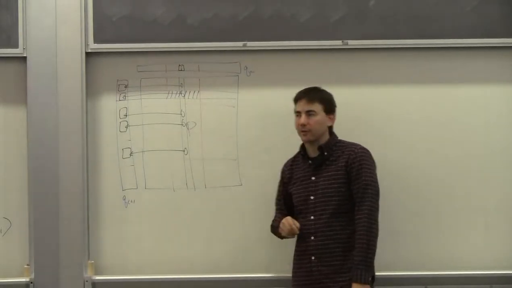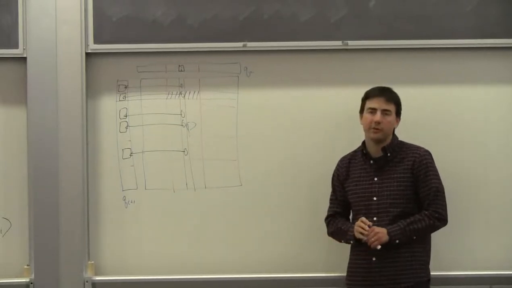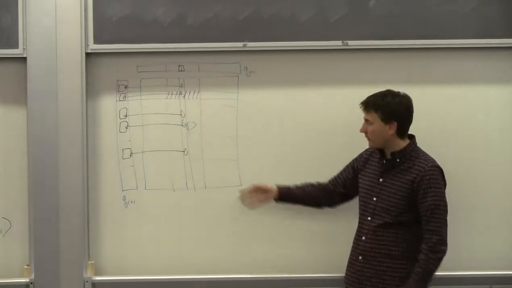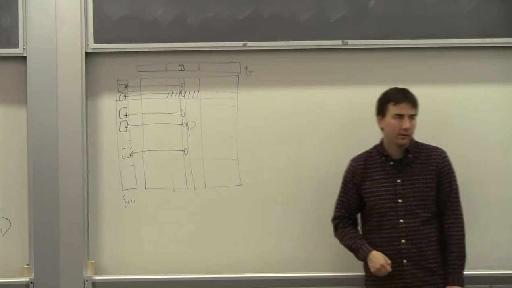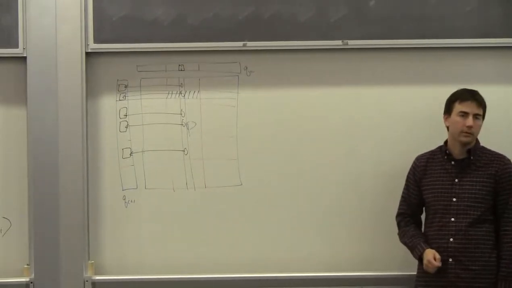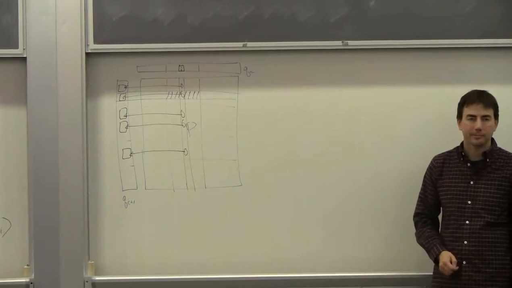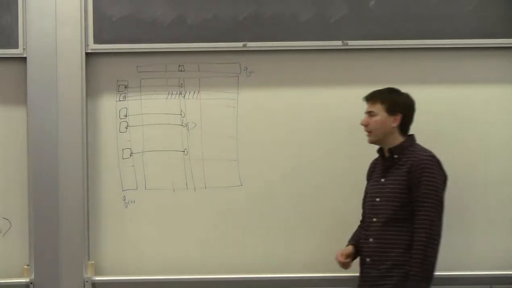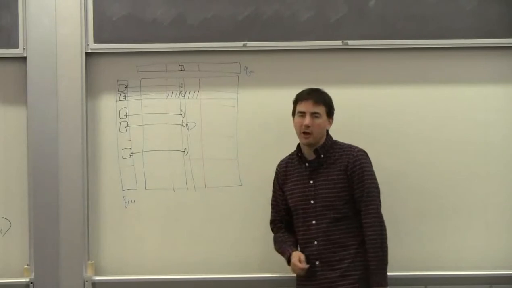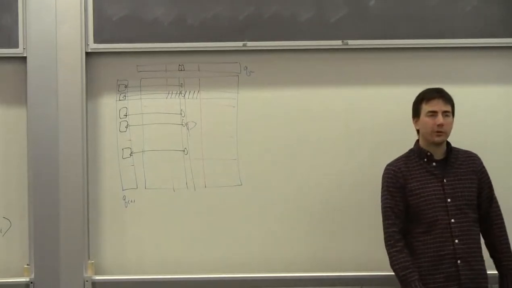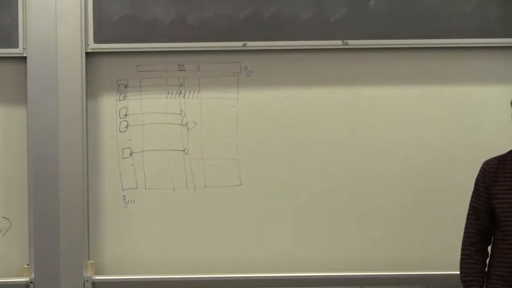Can you think of some other way that this is going to be effective? I kind of illustrated this in the picture here. Think of if I took all web pages and sorted them by their domain name.